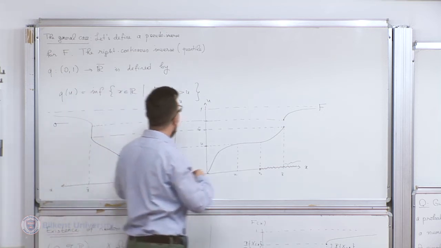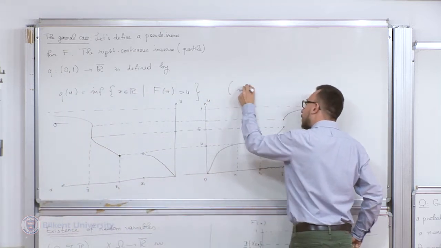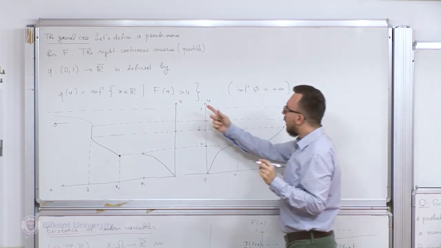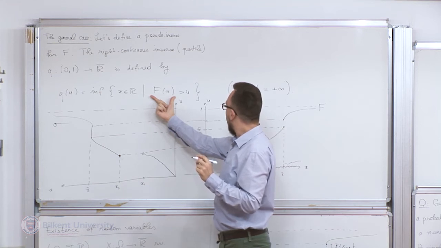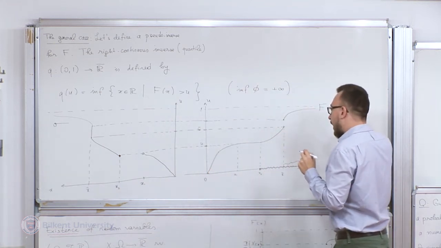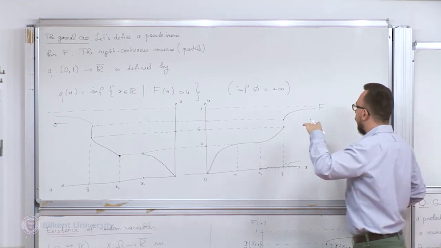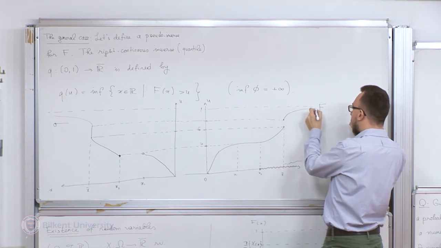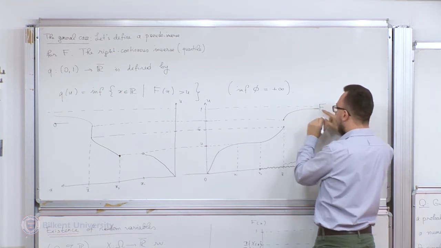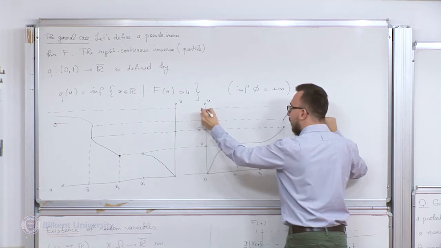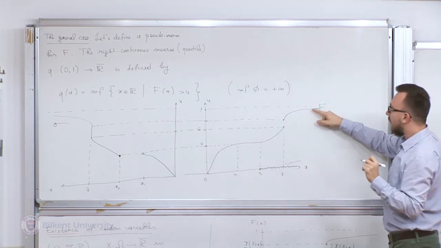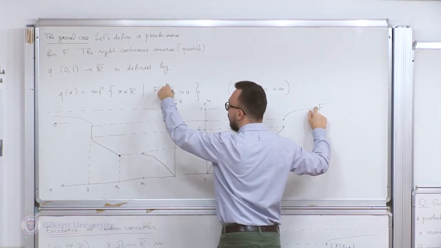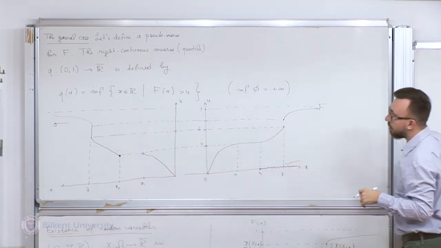By the way, here we need to assume that the infimum of the empty set is just plus infinity. So sometimes there are no points where f is strictly above u. For instance, in the case where your function f stops at a point strictly below 1, if you look at a value that is very close to 1, its inverse is just defined as plus infinity, because this set is empty, so the infimum of that empty set is plus infinity.